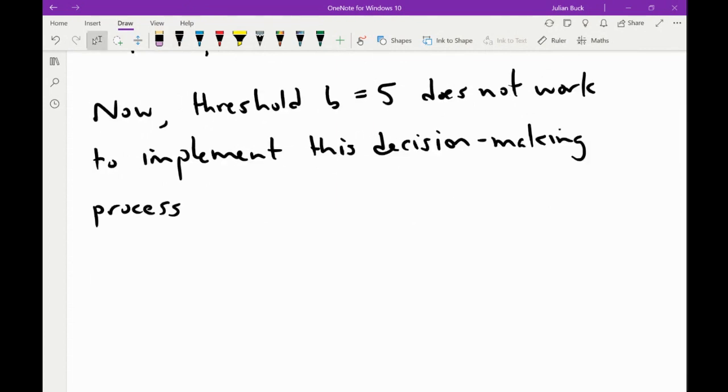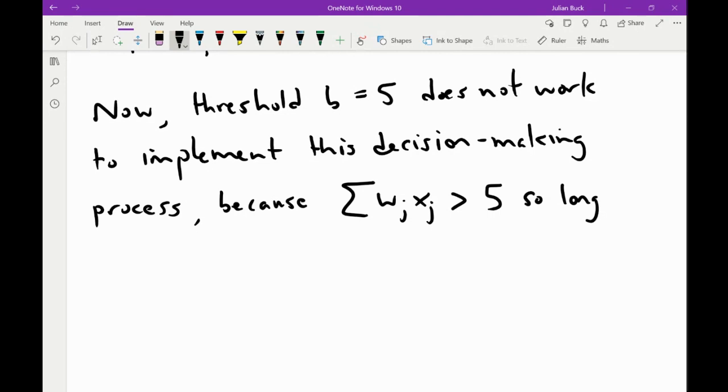Why? Well, as you can see, the net input is greater than 5, so long as one of x2 or x3 is 1.